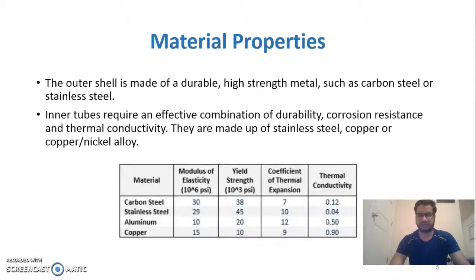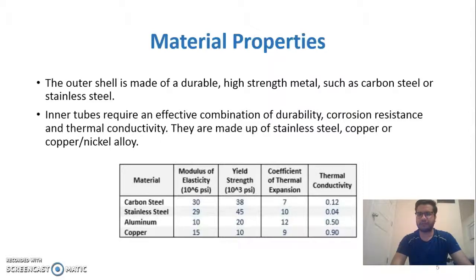That's the basic geometry of my heat exchanger. So, the material properties. Basically, all the standard shell and tube heat exchangers are made out of durable and high strength materials such as carbon steel or stainless steel. The inner tubes require an effective combination of durability, corrosion resistance and thermal conductivity.